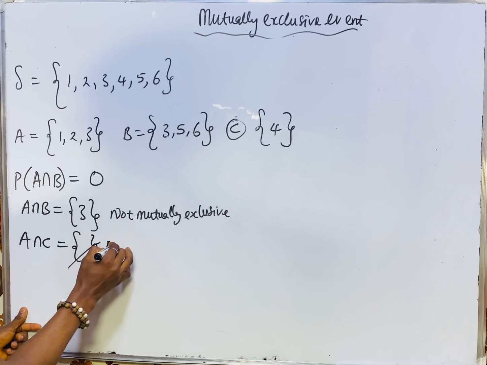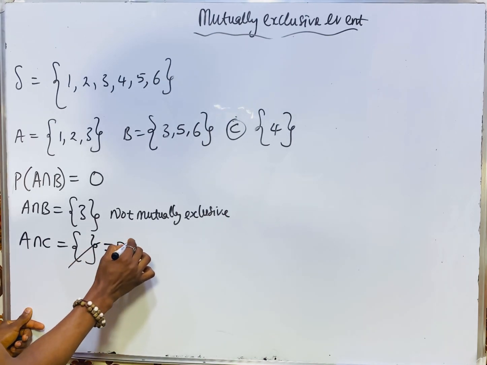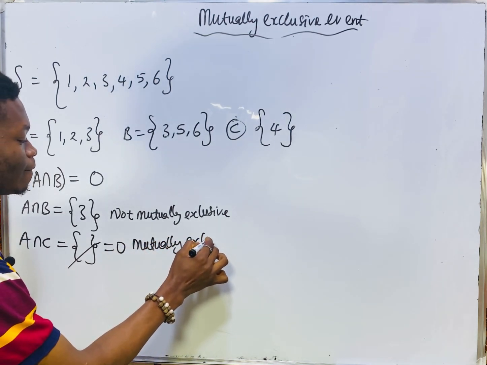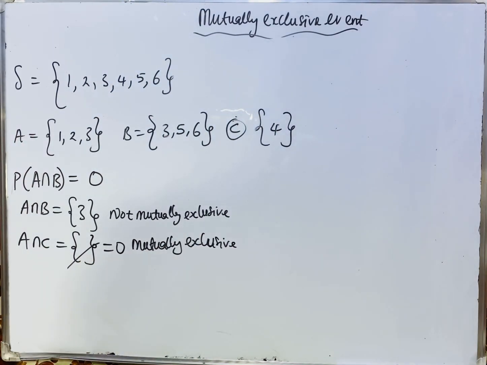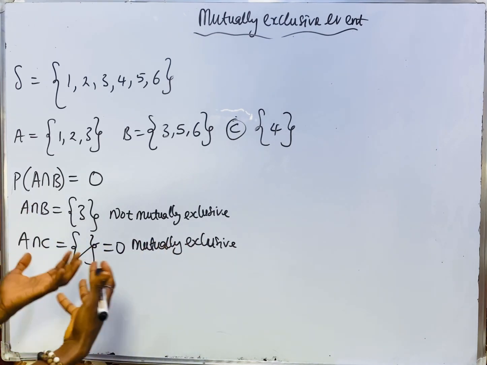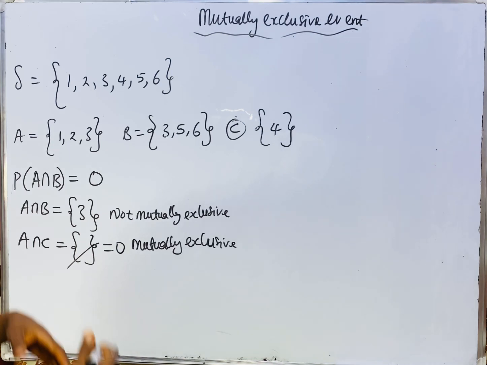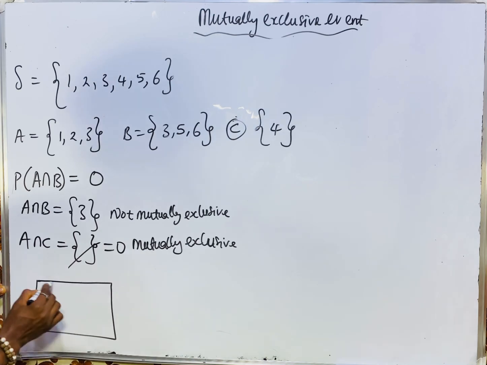So A intersects C is equal to 0, which means that they are mutually exclusive. When the intersection of two sets is equal to 0, it means that they are mutually exclusive.